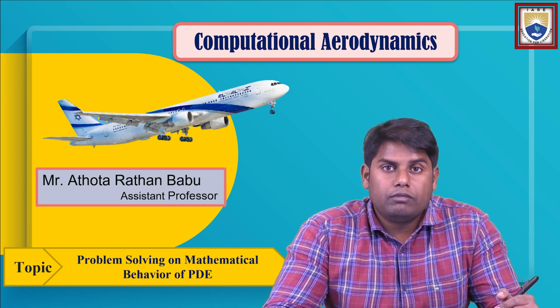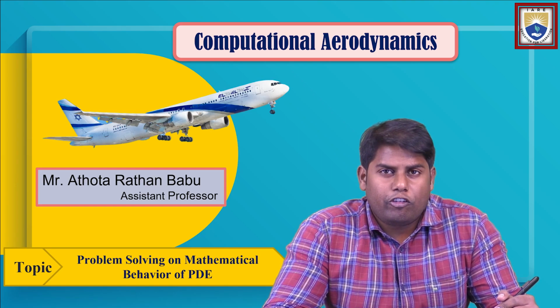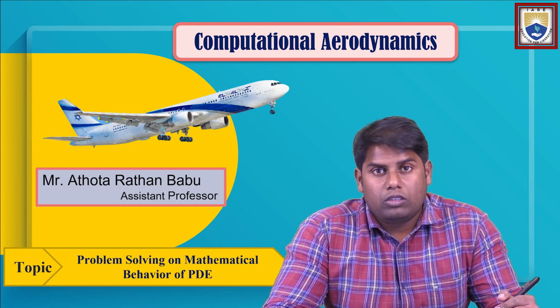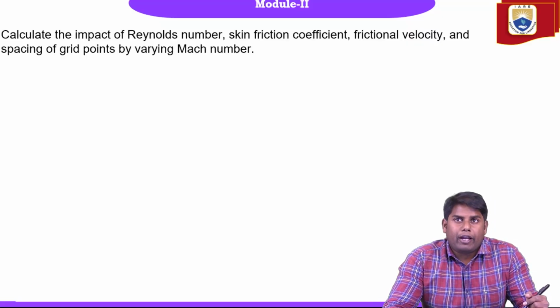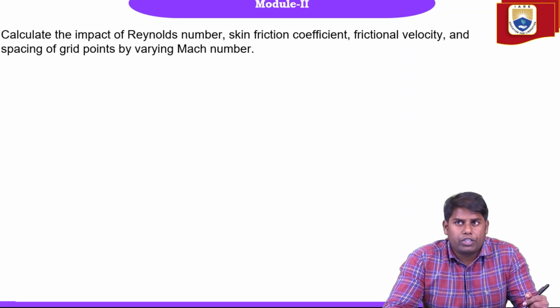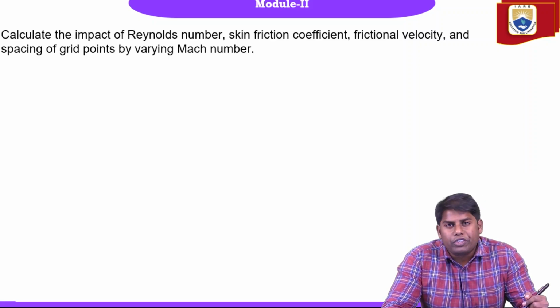Today's topic is problem solving case studies on the mathematical behavior of PDEs, from Module 2. So let's see the question: calculate the impact of Reynolds number, skin friction coefficient, frictional velocity, and spacing of grid points by varying Mach number. Reynolds number and Mach number are non-dimensional coefficients.